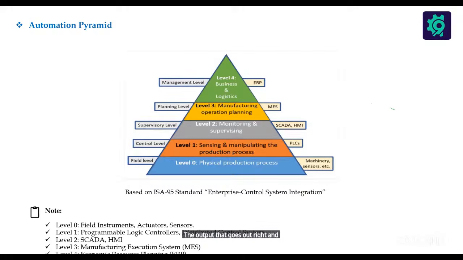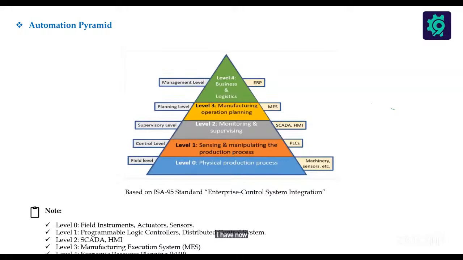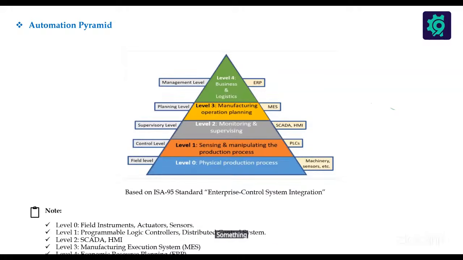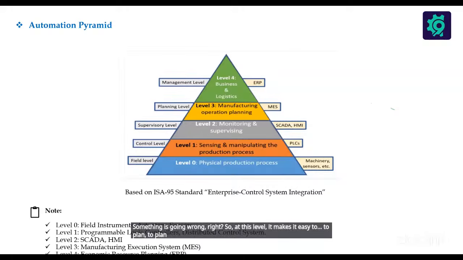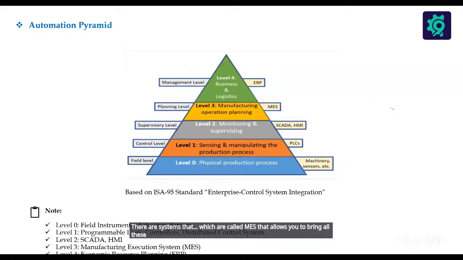You are able to plan, for example, that you've produced three batches of a particular product, and this is what you have now. Then you can figure out that some amount of waste has been generated, and if you have this amount of waste, it means something is going wrong somewhere along your production process. So at this level, it makes it easy to plan your production process. There are systems called MES that allow you to bring all this together, which is on level three.